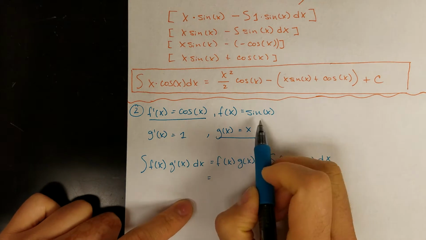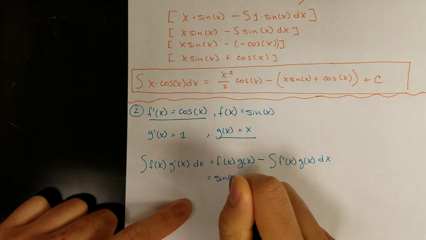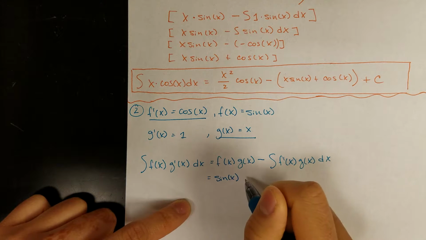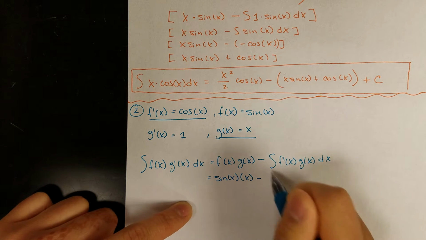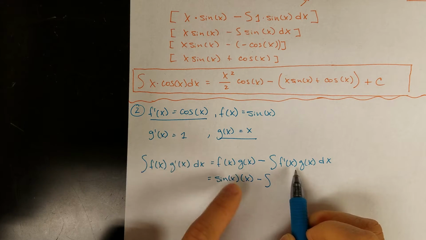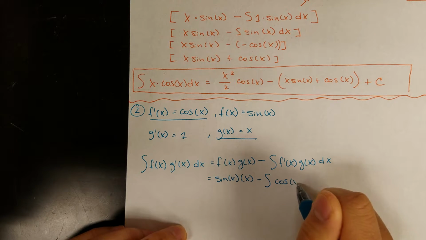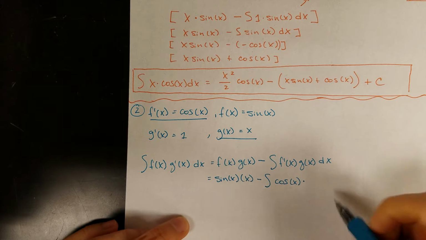Our f of x, we said, was equal to sine x, g of x is equal to x, times x minus the integral of f prime, which is cosine x, times g of x, which we said was x.